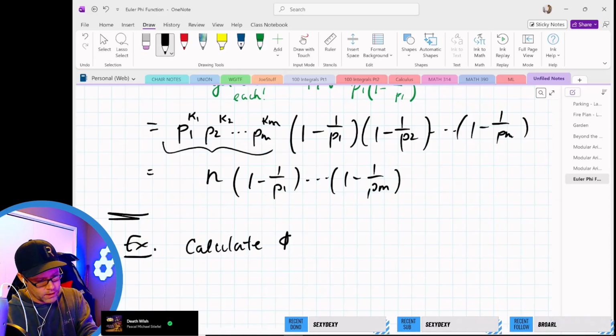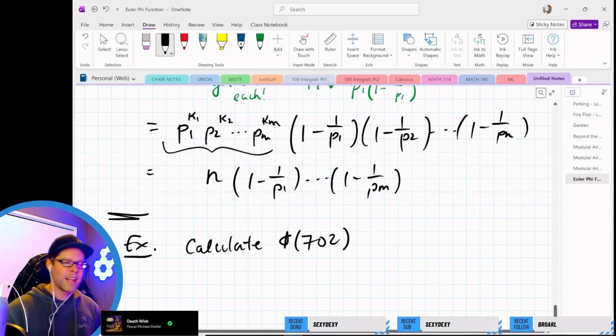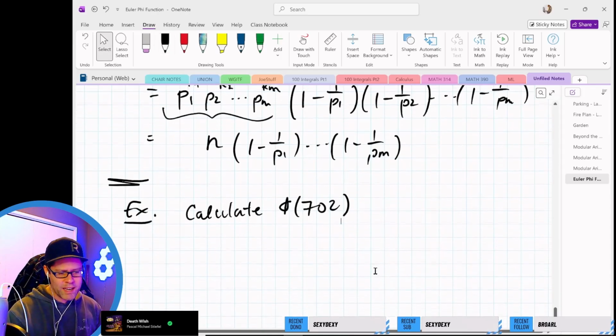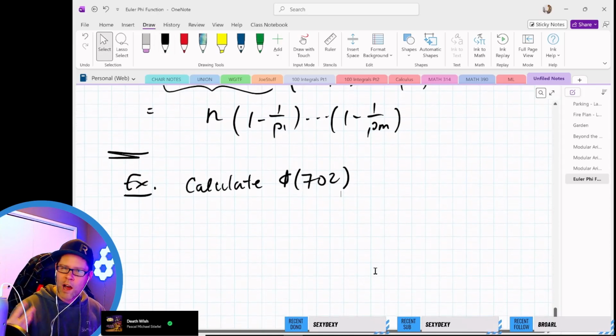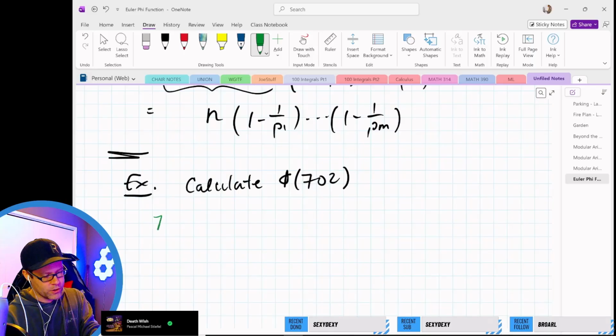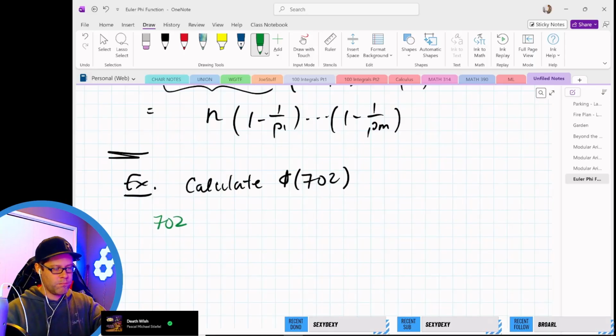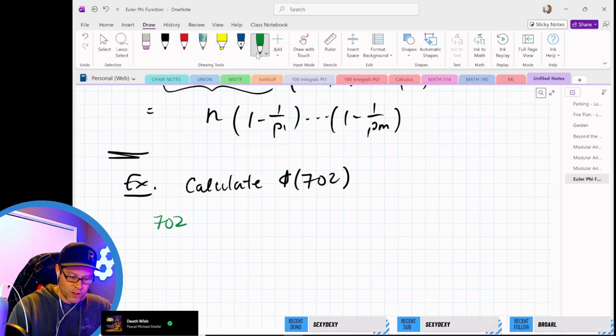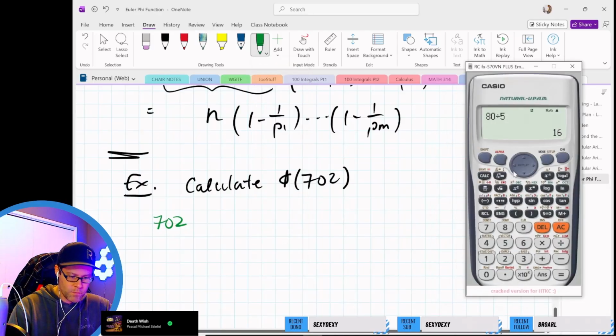So let's take a really large number. It's not really that big, but big enough that I would need to think about how to work with a number like this, right? So if I want to find the Euler Phi function for 702, well, the first thing I probably want to do is try to figure out what the prime power factorization for 702 is.